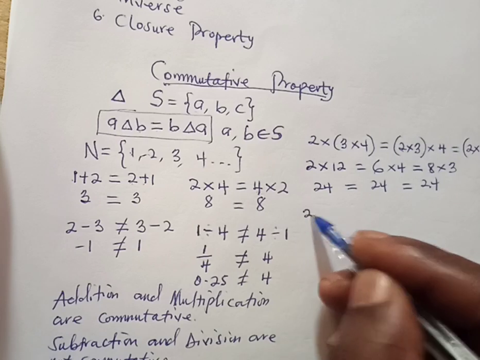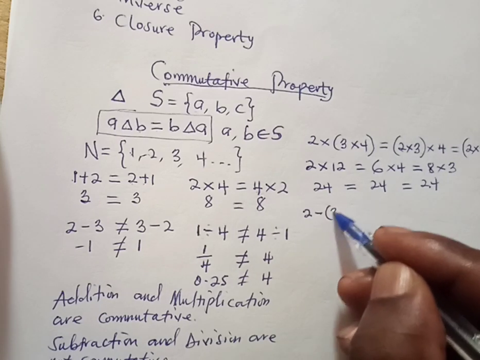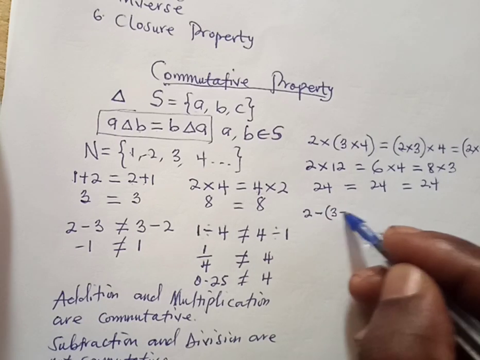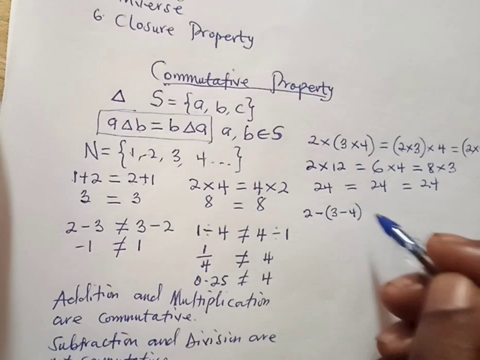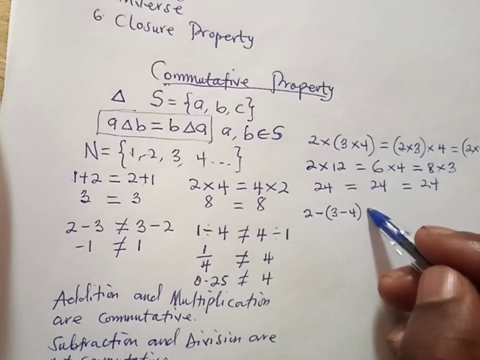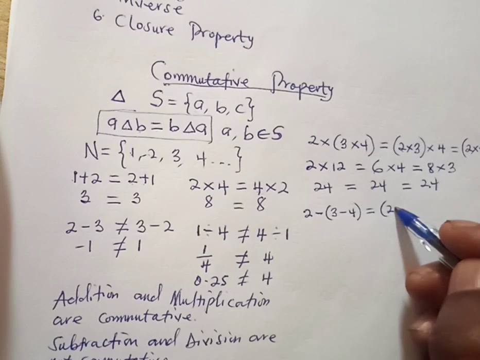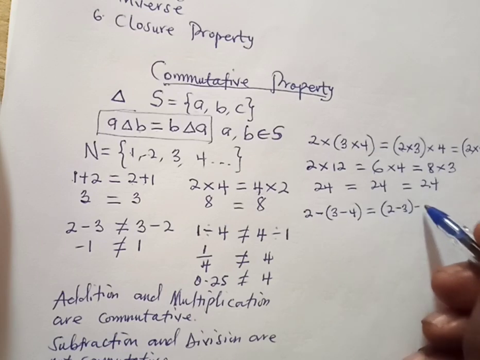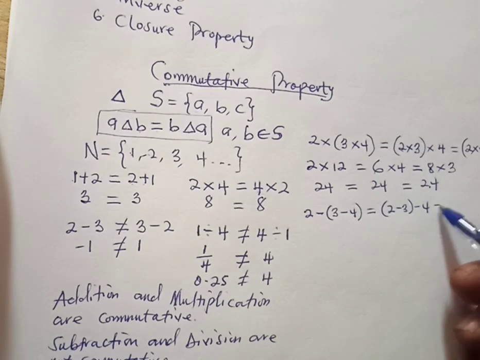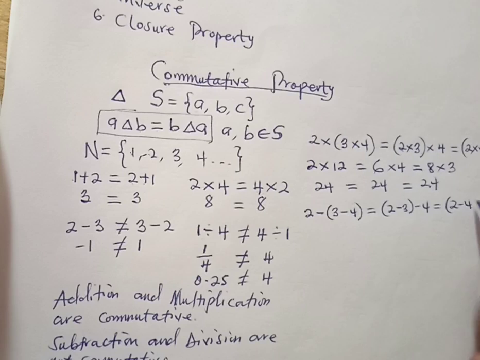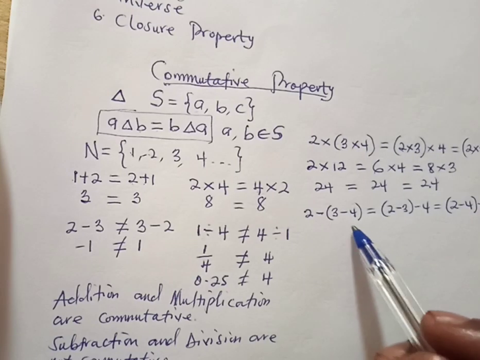I have my 2 minus (3 minus 4), which is equal to (2 minus 3) minus 4, which is equal to (2 minus 4) minus 3. So let's work them out and see.